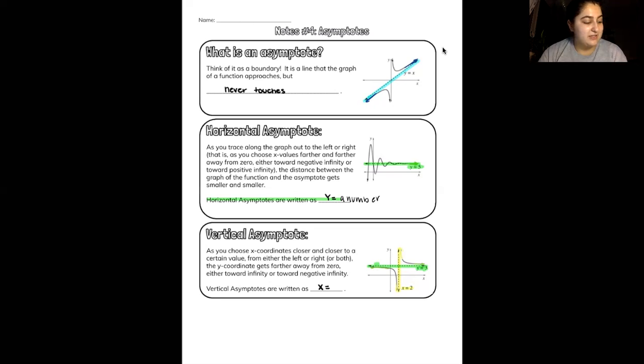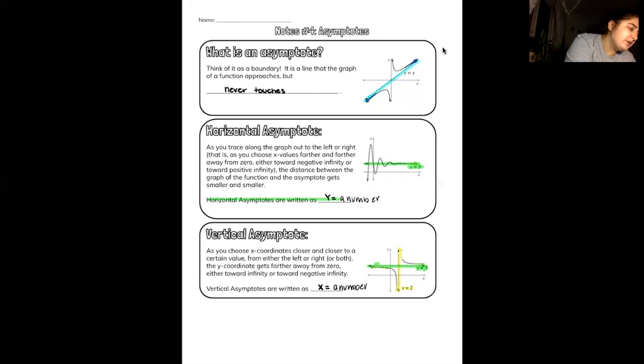And I could plug in x equals 1.99999 and get an answer out, but I could never just plug in 2. I will not get an answer out because at 2, there's no point that exists there because the graph is going up towards positive infinity and down towards negative infinity, right? So it's not meeting at a point. They're going in opposite directions. So when we talk about vertical asymptotes, we write them as x equals because that's how we write a vertical line, right? So when we have x equals a number, that really tells us there's a vertical line.